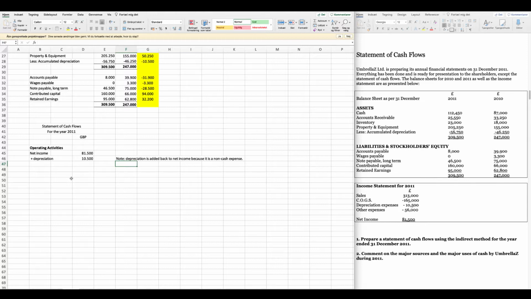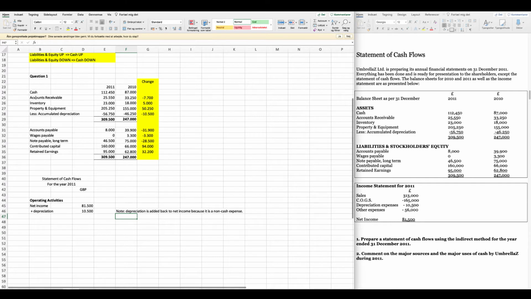So having included now the net income, what we want to do next is look at the changes or movements in current assets and current liabilities. We'll refer back to our balance sheets from before and consider if there are any current assets. Remember that cash, of course, is a current asset, but given that we're doing a statement of cash flows, we'll eventually be seeing this change in cash later.